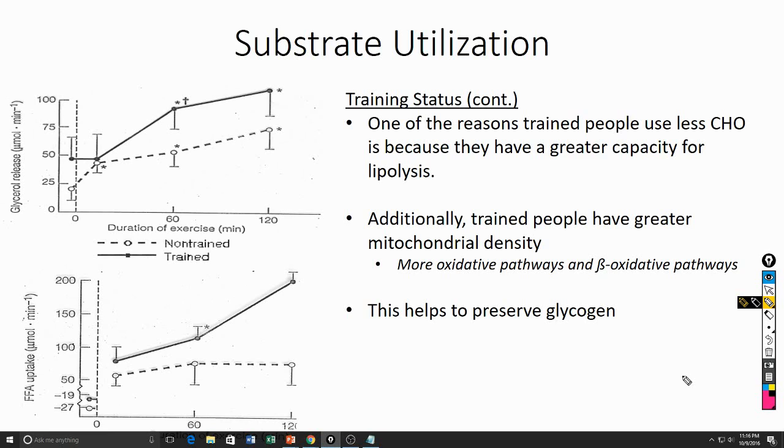Okay? So a trained person, when they start to work, there's a number of reasons that account for this, but essentially their increased mitochondrial density, their increased aerobic capacity allows them to burn fat earlier and more of it throughout an exercise bout, and in doing so, from a weight loss perspective, yeah, they burn more fat.